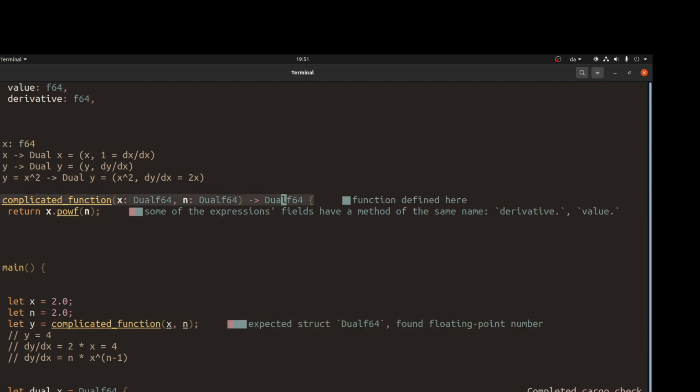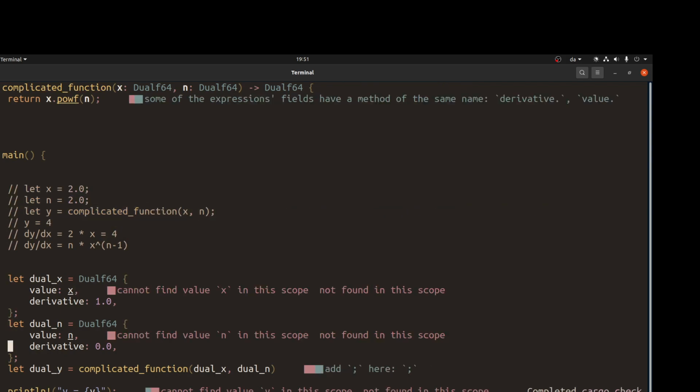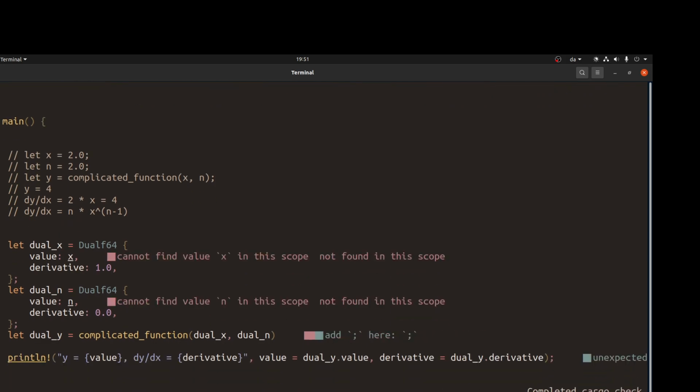So you have to change your function a little bit, but it is what it is. So now this, of course, will not compile, and we don't want to print this, so we can print the value, and we can print dy dx is equal to the derivative, where we just get those numbers from the structure here.